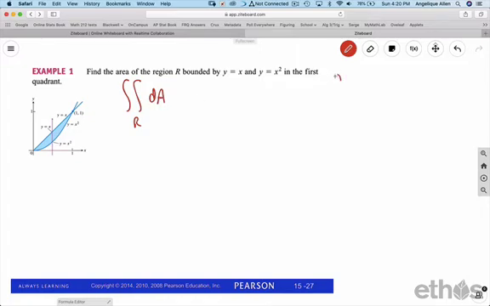They often default to dy dx, but that is totally and completely up to you. If the problem is easier to integrate if you reverse the order of integration, that is totally your choice. And sometimes if you set one up and it turns out to be ugly, you might want to try switching them.